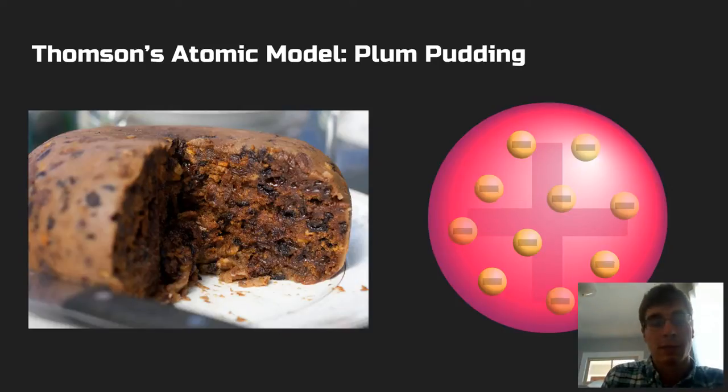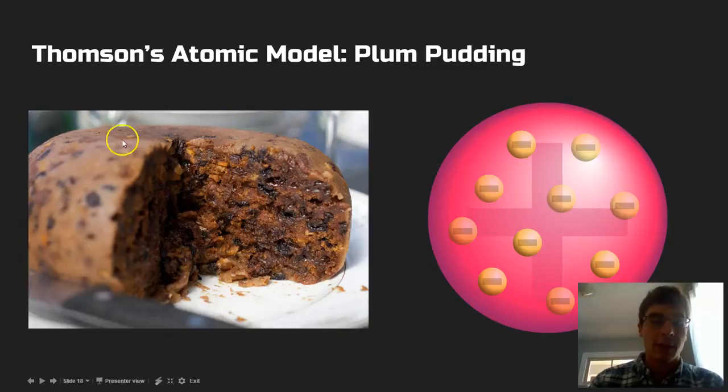So basically what Thomson ended up coming up with was a model of the atom that looked like this, whereas Dalton said atoms were these sort of homogeneous things that were as basic as could be. There weren't any subatomic particles or anything. And here Thomson had found a subatomic particle, so he had to add to that model. And he came up with this model that got dubbed the plum pudding model.